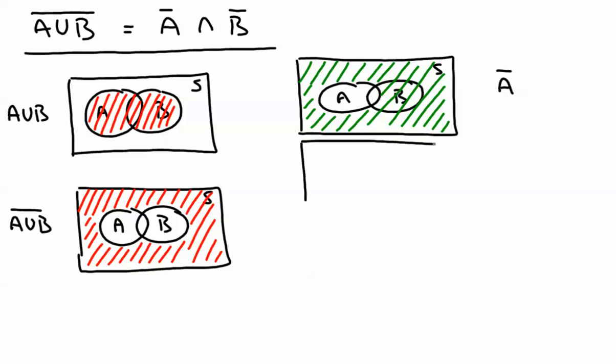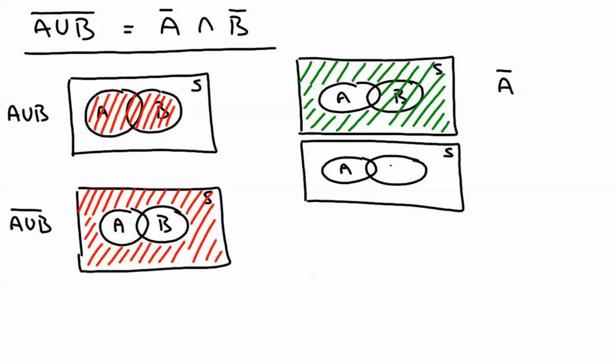Similarly, we can do B complement. And B complement is all of the stuff in S that is not in B. That's that. So this is B complement.